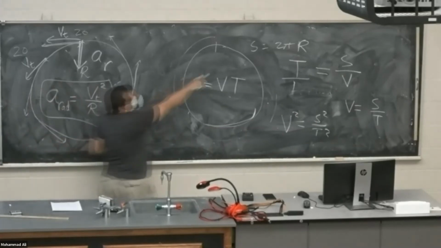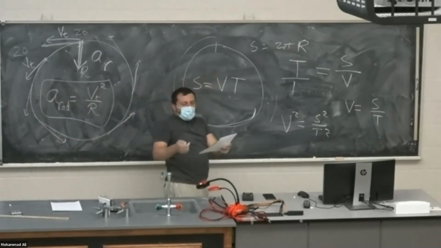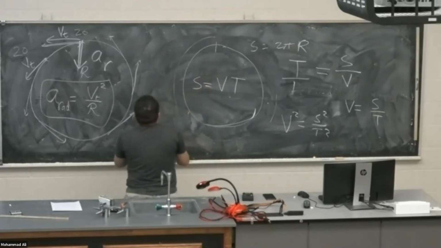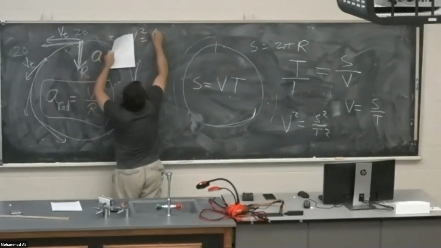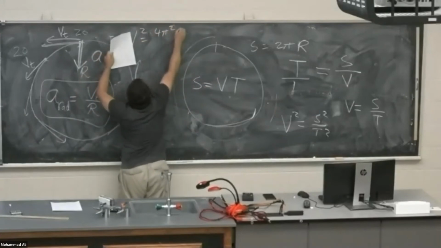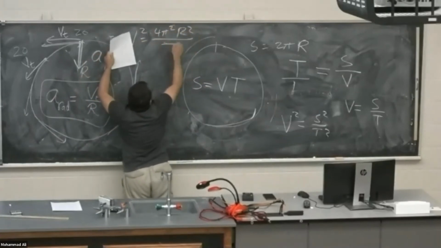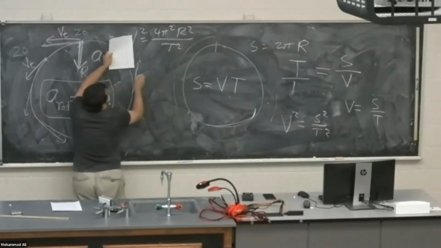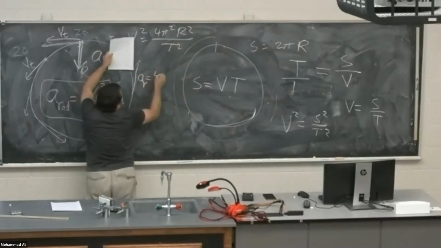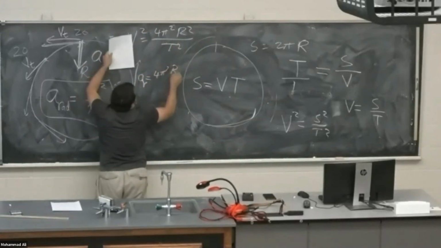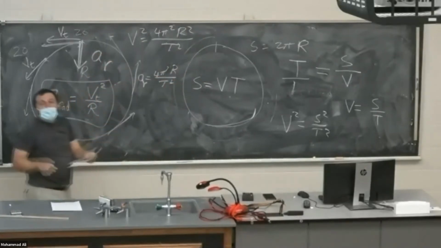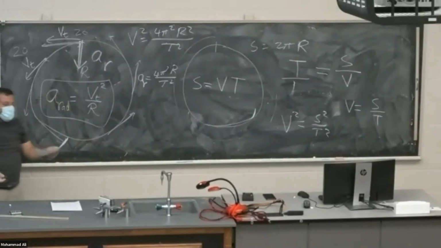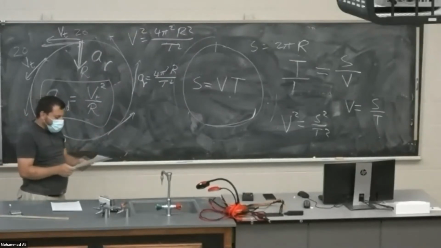S is equal to 2 pi R. Then you can find another relation. V squared is equal to 4 pi squared R squared over T squared. Also, the acceleration will be equal to 4 pi squared R over T squared. Put them as you see them here in your formula sheet and use them when I ask you about that.